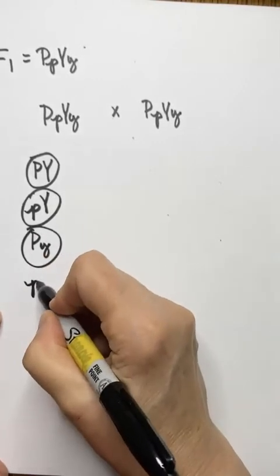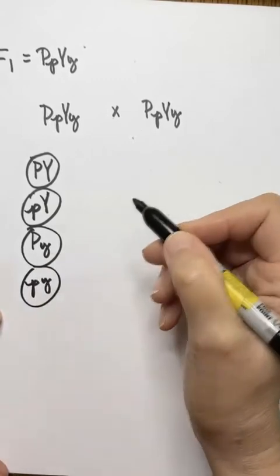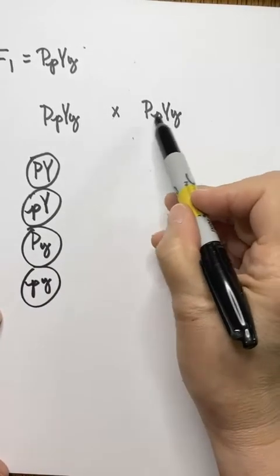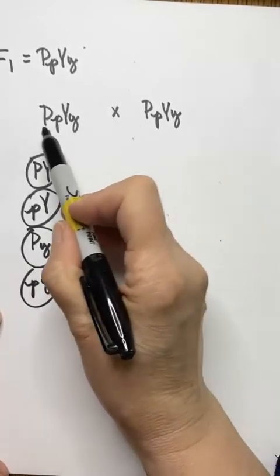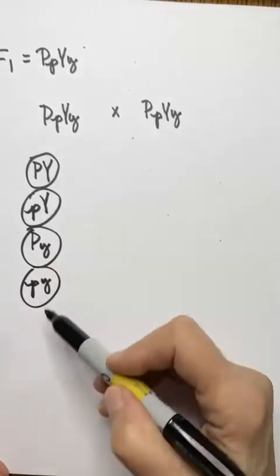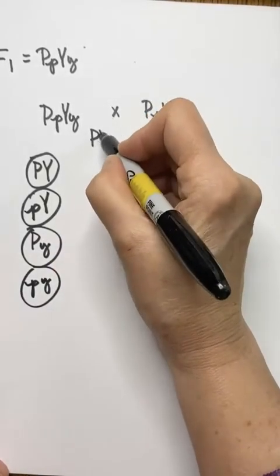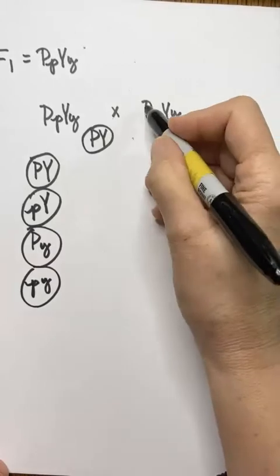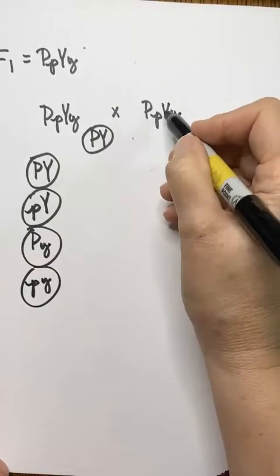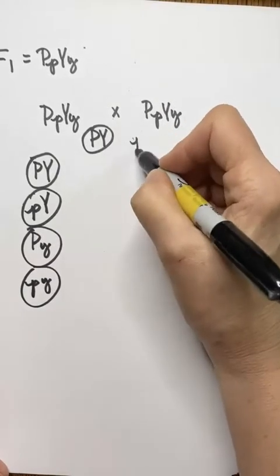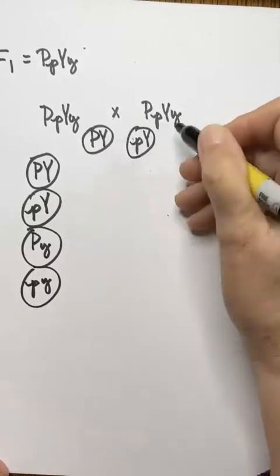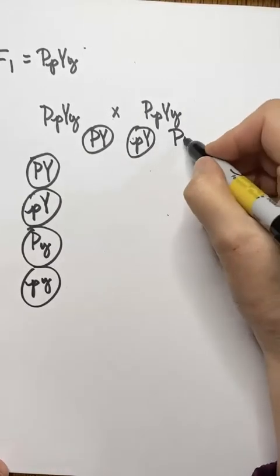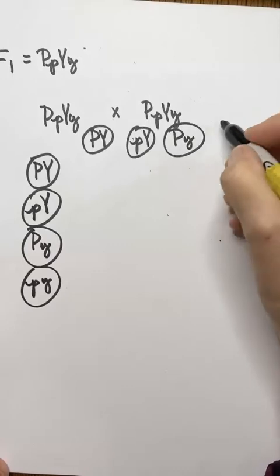And we can have little p, little y. Right? And since this individual is going to make the same types of gametes as this one, we can just repeat this across the top. Capital P, capital Y, little p, capital Y, capital P, little y. Whoa, so many P's and Y's.